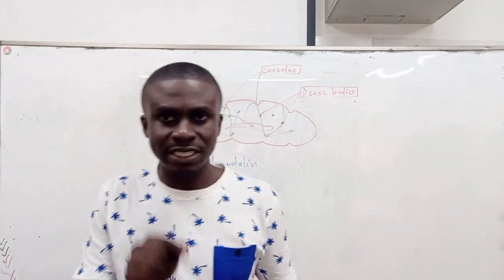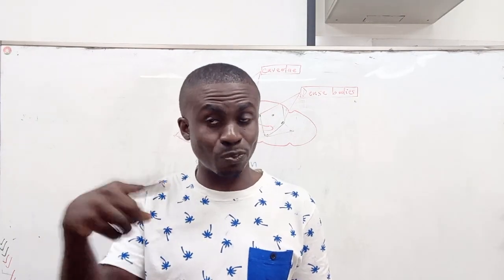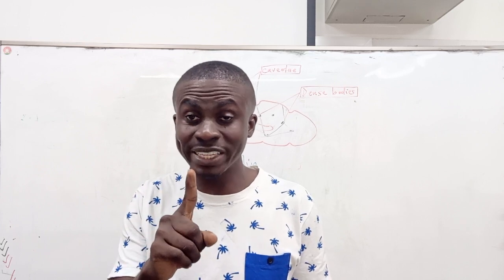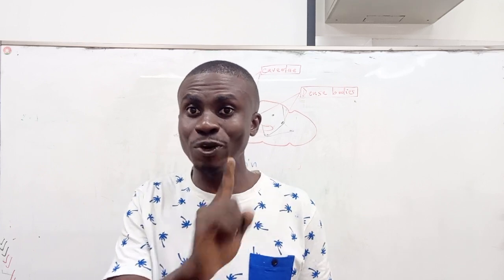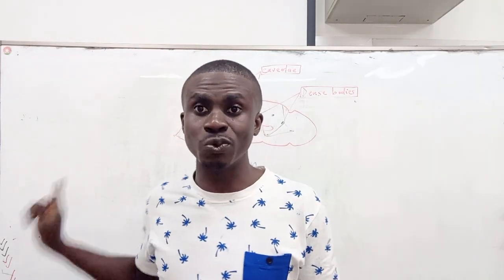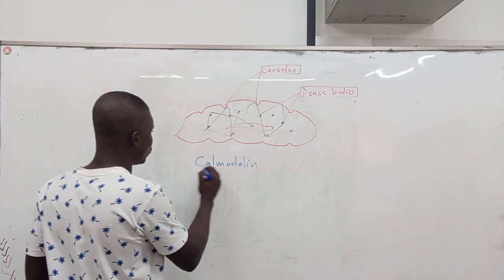Now, what it means is that in smooth muscle contraction, the first protein which is very important for interacting with calcium, this time calcium is not going to interact with troponin. Rather, the one who is going to regulate it is who? Calmodulin. So calcium will bind to it.